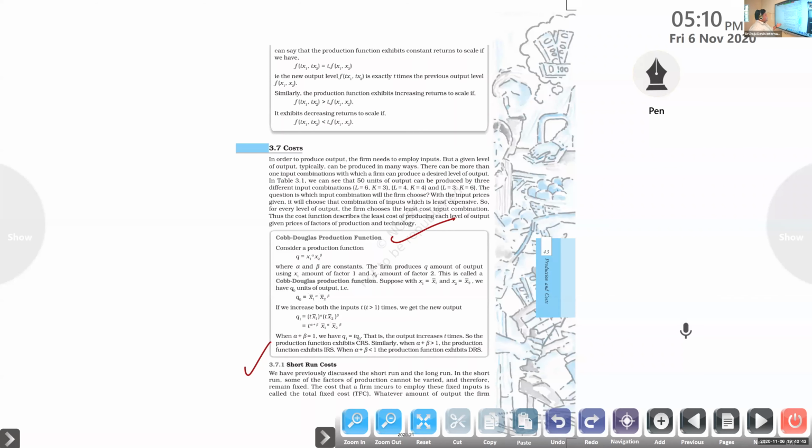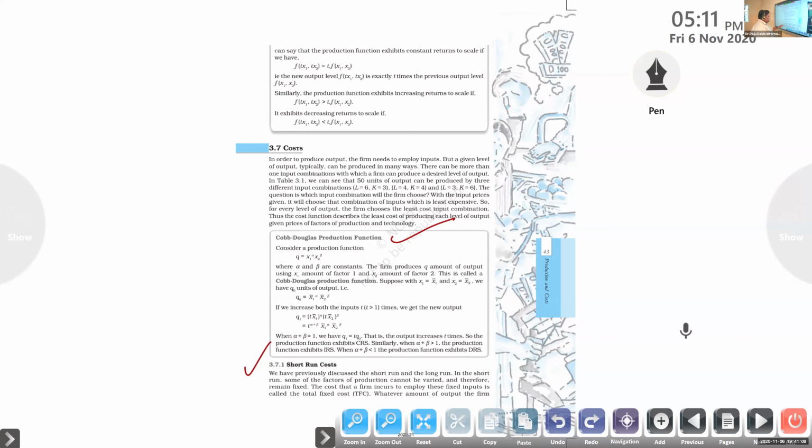I am here at page number 43, section 3.7.1, short run cost. We have previously discussed the short run and the long run. In the short run, some of the factors of production cannot be varied and therefore remain fixed. That is the specialty of short-run production.